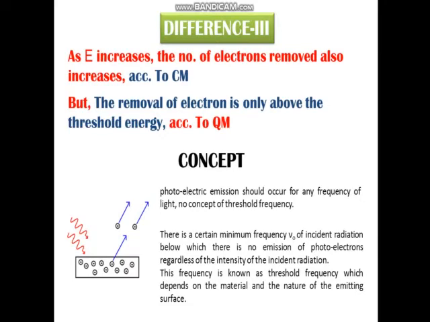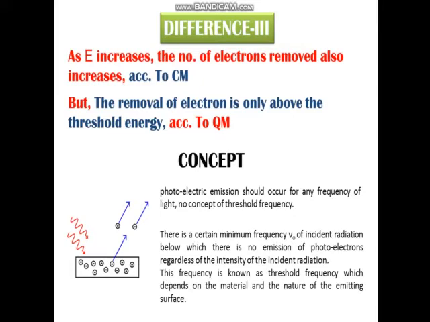And the next difference is by considering the photoelectric effect. According to classical mechanics, as energy increases, the number of electrons removed must also increase. Whatever may be the energy, the electrons can be removed from the surface of a metal. That is called the photoelectric effect.